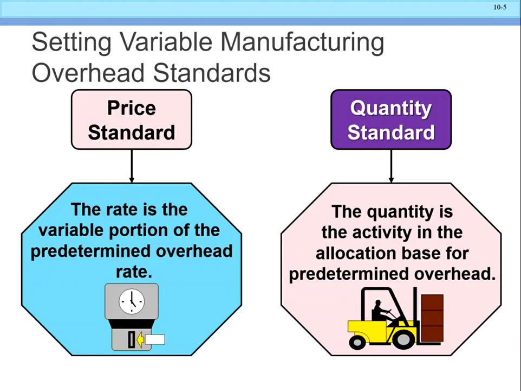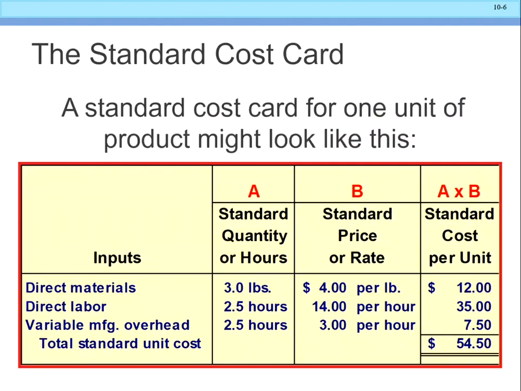And manufacturing overheads can be divided into variable manufacturing overheads and fixed manufacturing overheads. We said if they are variable, then they are easy for us. If they are fixed, then we calculate the predetermined overhead rate for fixed overheads, which we then use to allocate to the products. Okay, so that's how our standards are set.